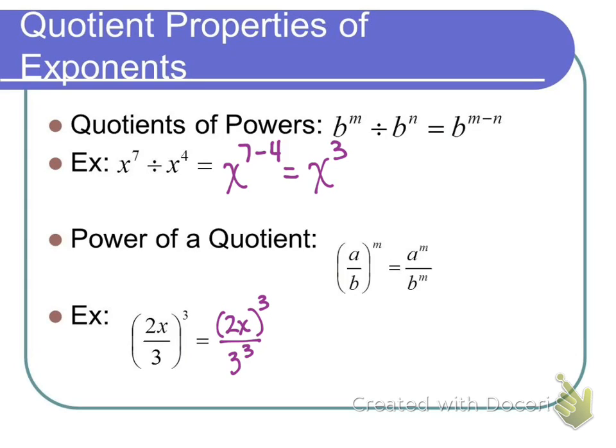Now what's interesting about this problem is that now we have a product raised to a power, which means we can keep applying our rules. The 2 gets cubed and the x gets cubed. The 3 is still getting cubed in the denominator.